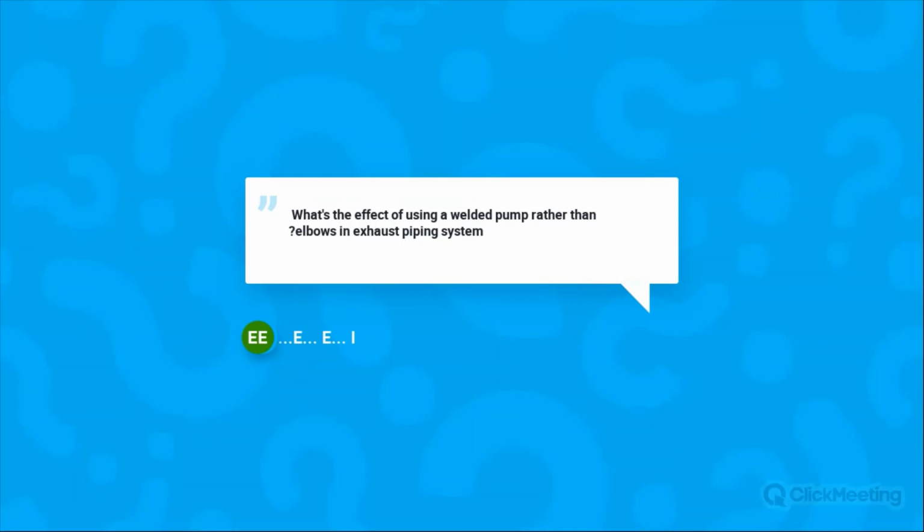What's the effect of using a welded pump rather than elbows in exhaust piping? Emmanuel, I don't know what you mean by welded pump.